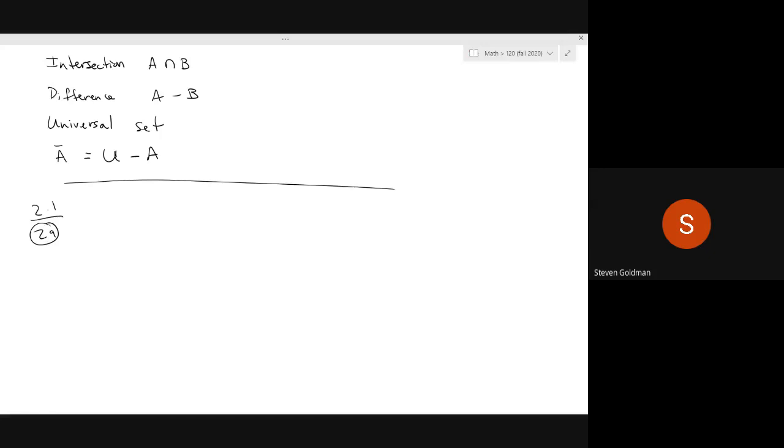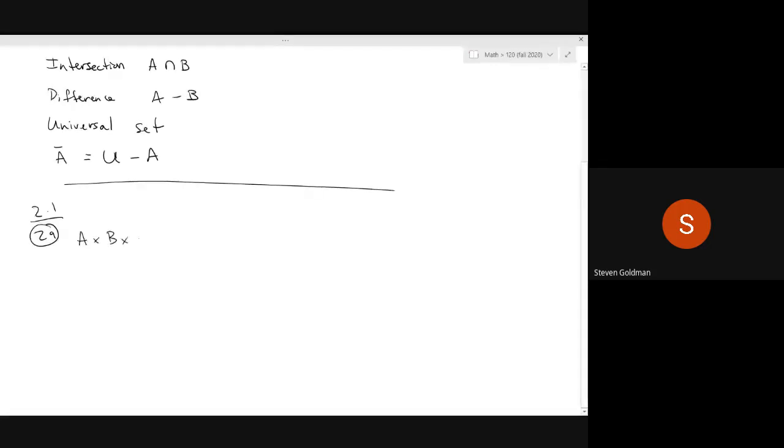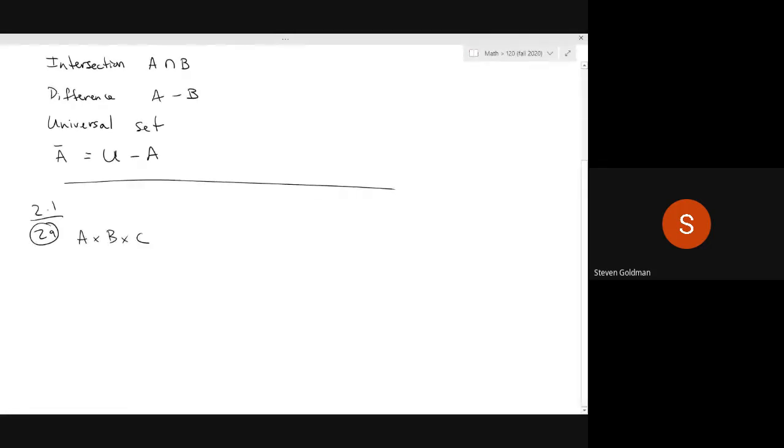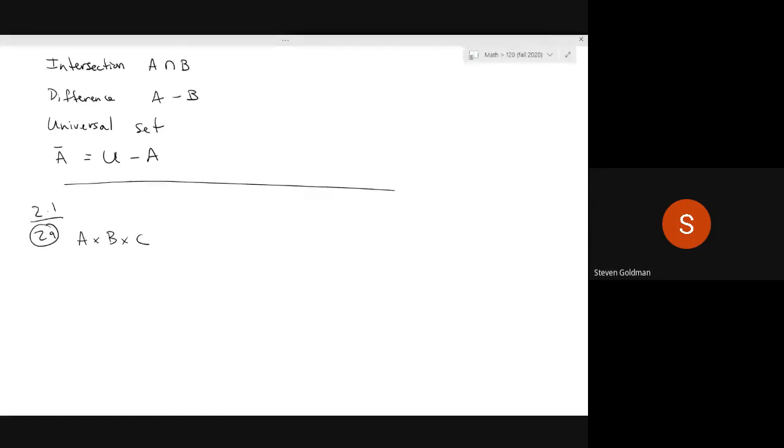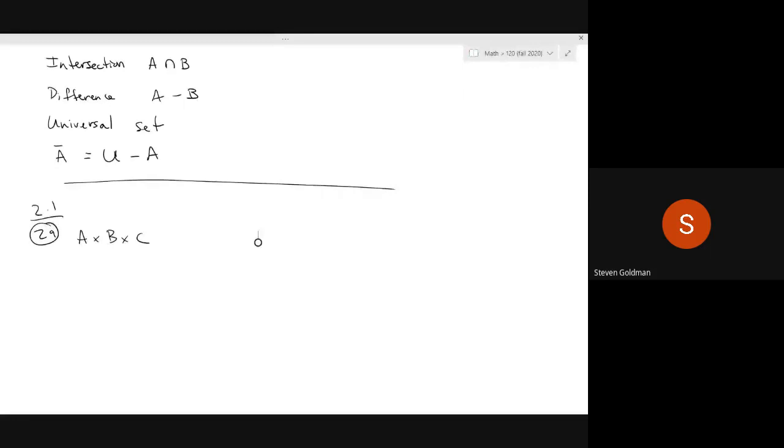Question number 29 is, what is the Cartesian product A times B times C, where A is the set of all airlines, and B and C are both the set of all cities in the United States? Give an example of how this Cartesian product can be used. The Cartesian product would be a set whose elements are three-tuples, where the first element in each three-tuple would be an airline, and the second and third elements would be cities.